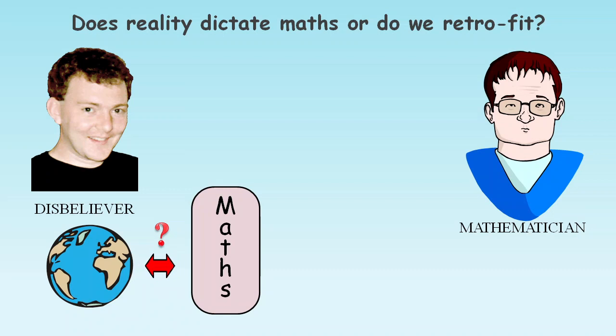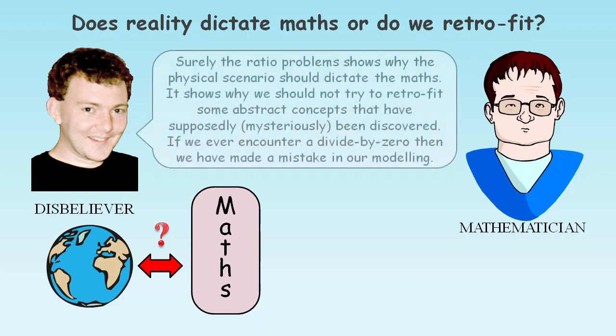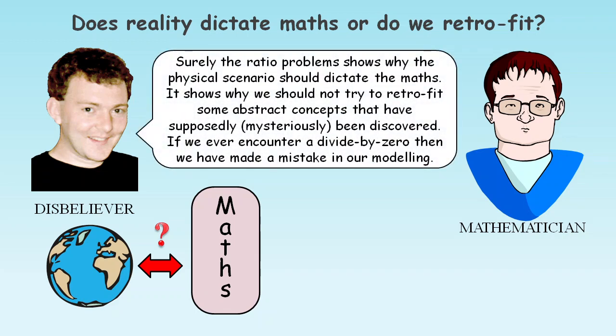This raises an important fundamental question. Should reality dictate mathematics, or do we discover abstract mathematics not connected to reality and then retrofit it to the real world? If mathematics was akin to a programming language for modelling physical activities, then we would construct it to correctly describe physical scenarios.